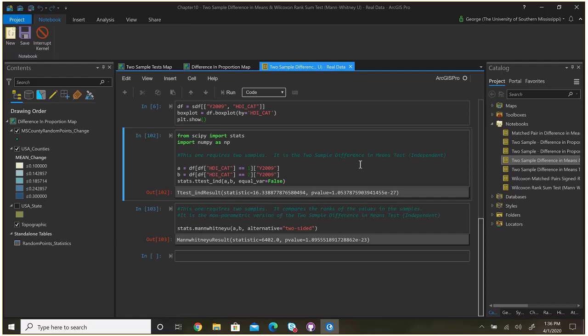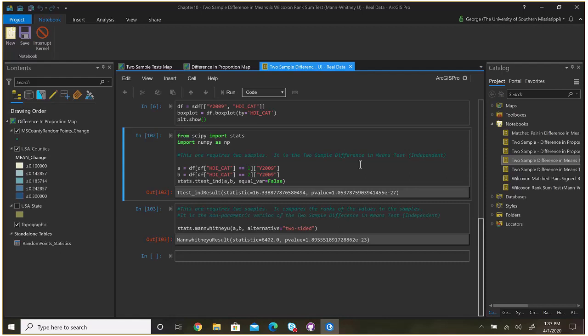But in general, a non-parametric test shouldn't be used unless the parametric test can't be used. So the parametric test usually has some assumptions that include that the data isn't significantly skewed, that it's fairly normal data.